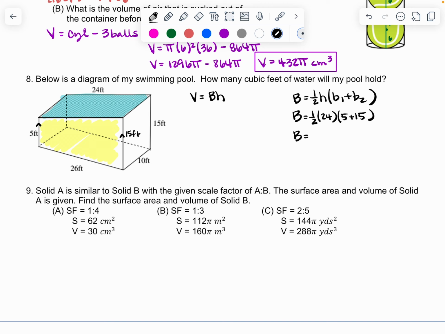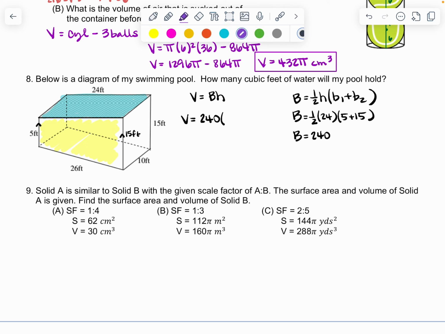All right, so when I do that, obviously half of 24 is 12, right? And then we're multiplying the 12 times the 20, which is going to give us 240 square feet. All right, so back to my formula. 240 is the capital B, the area of our trapezoid.